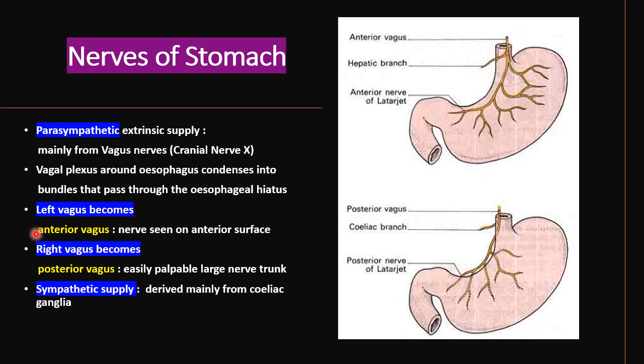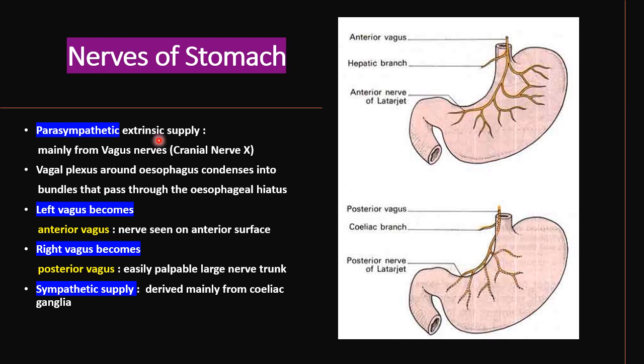the left vagus becomes the anterior vagus, because it is seen on the anterior surface of the lower end of the esophagus and anterior surface of the stomach. This is the anterior vagus. The right vagus bundle, as it enters the abdomen, becomes the posterior vagus, which goes behind the lower part of the esophagus and stomach.